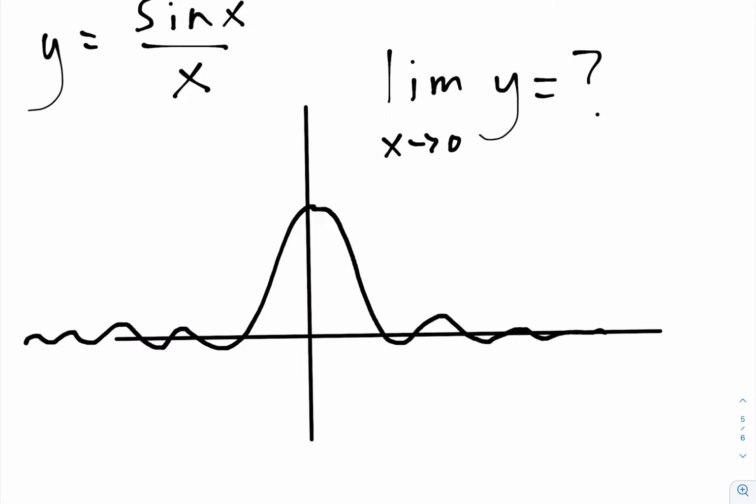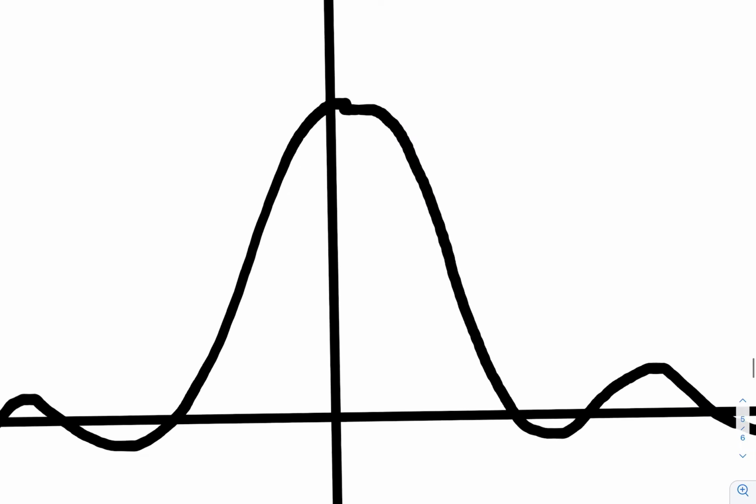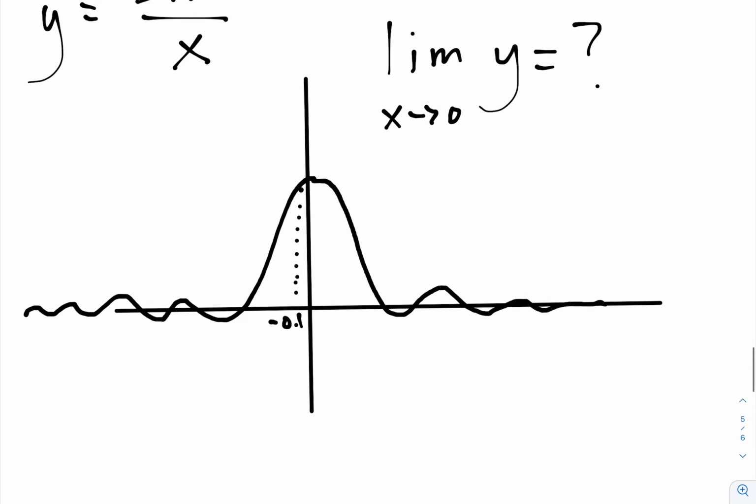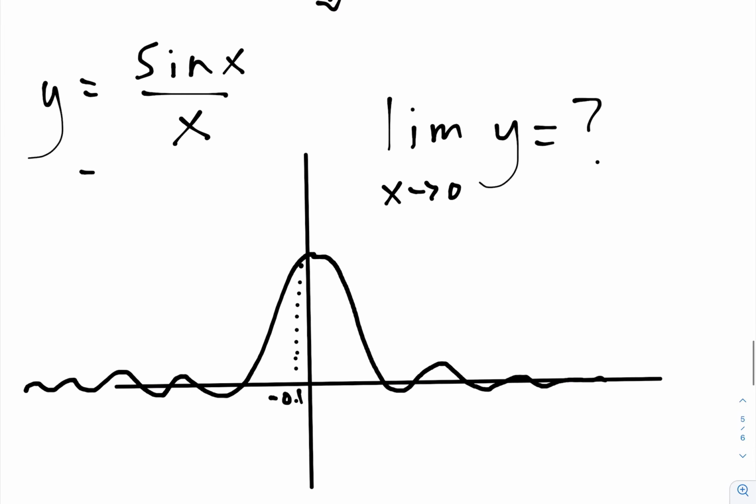Let's say x was negative 0.1. If we plugged in negative 0.1 for x, we would get sine of negative 0.1 divided by negative 0.1.